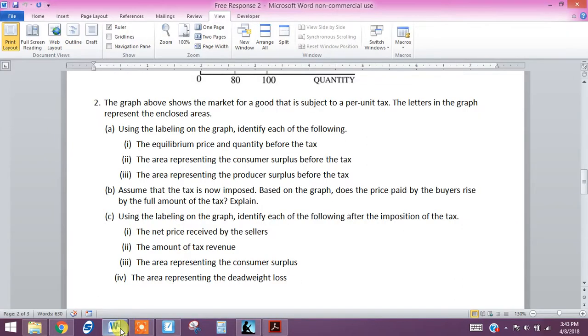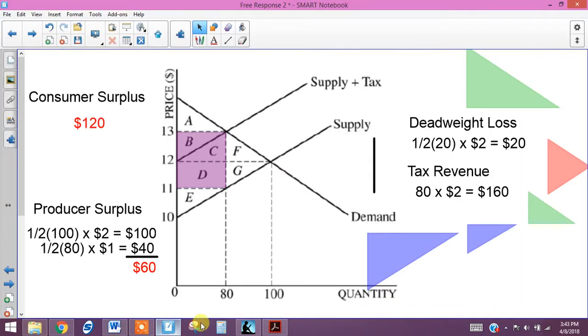Now, the area representing consumer surplus is going to be, let's jump back over here, a much smaller triangle. It's going to be this area A. It's going to be the area above price and below the demand.